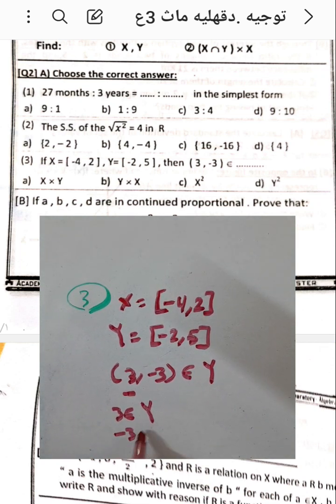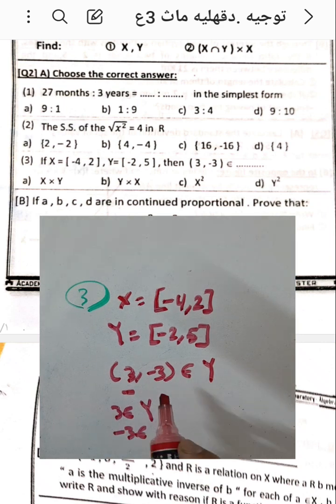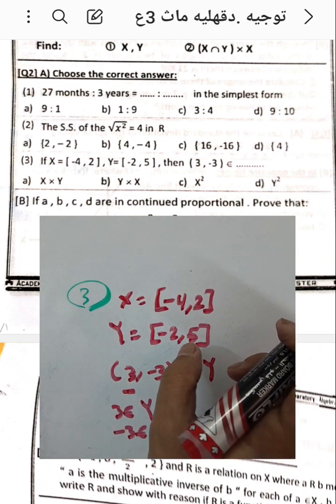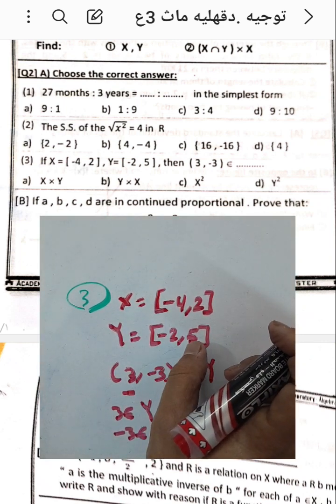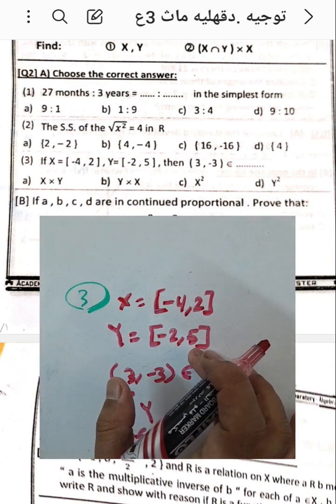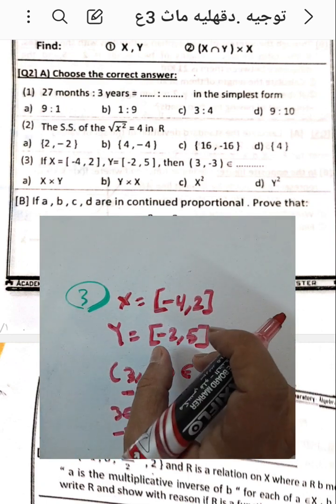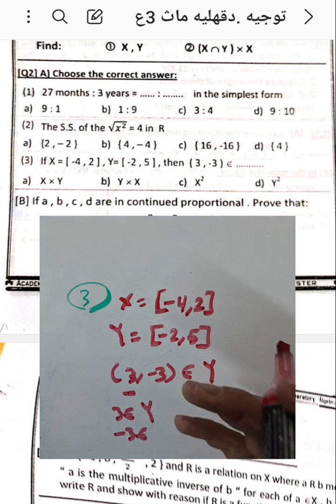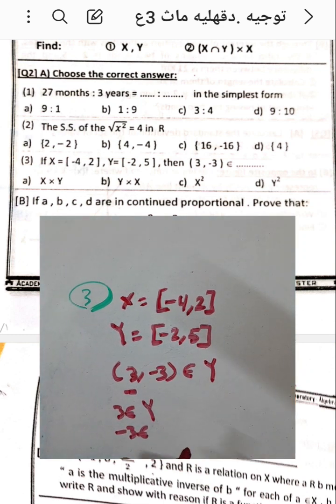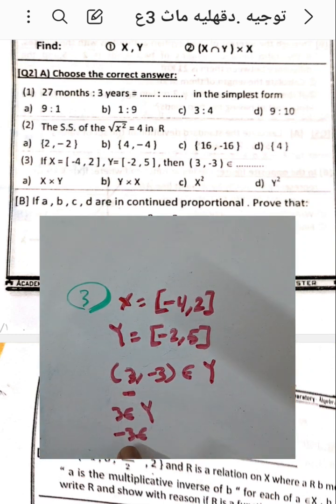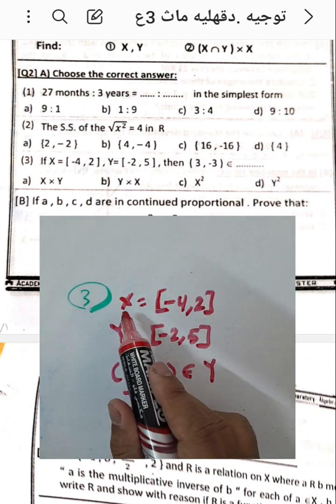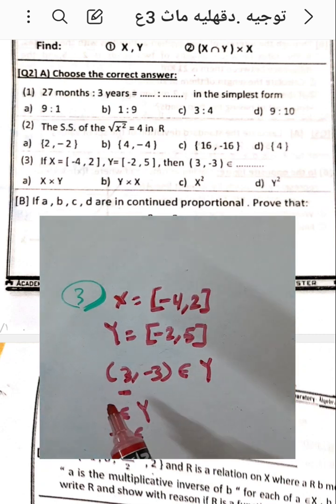And negative 3 belongs to what? Between negative 2 and 5? No, because negative 2 to 5 contains numbers like negative 1, 0, 1, 2, 3, 4. Then 3 belongs to y and negative 3 belongs to x, because x equals the interval from negative 4 to 2.